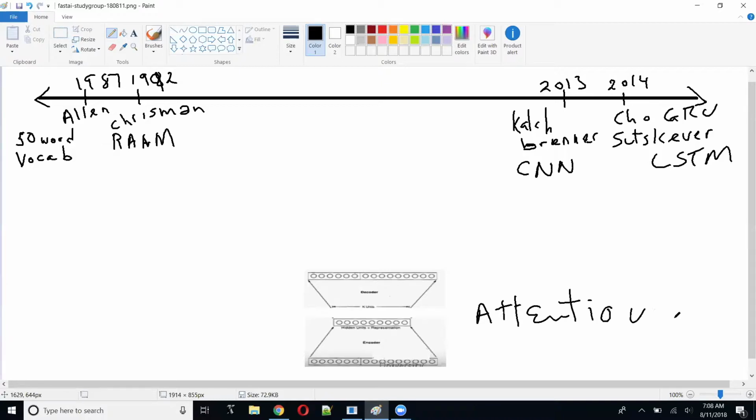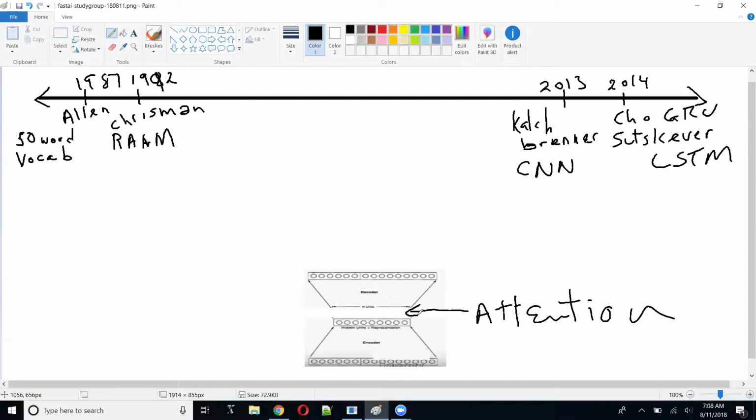And attention would just fit right into here. You just add some sort of mysterious attention block, whatever that is. So that's a brief history.